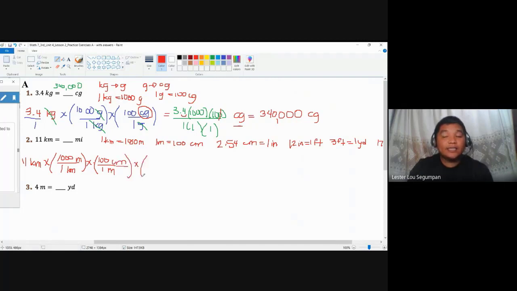Times, this is now the simplest form of the relationship of the units of measurement for length between the metric and the English system. It's between 2.54 centimeters is 1 inch. Still multiply.